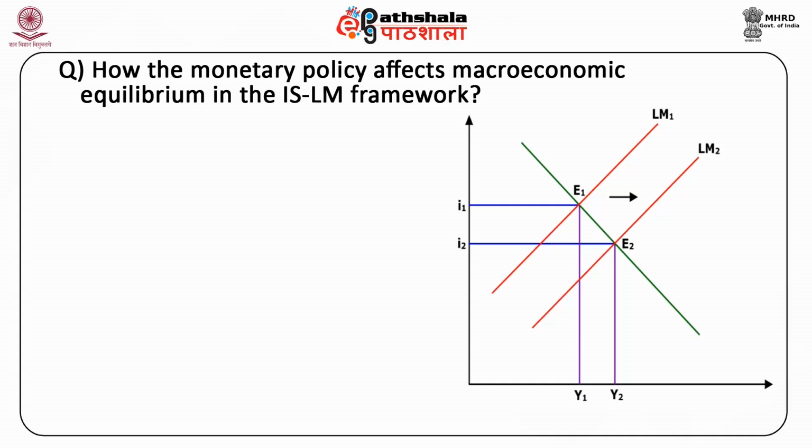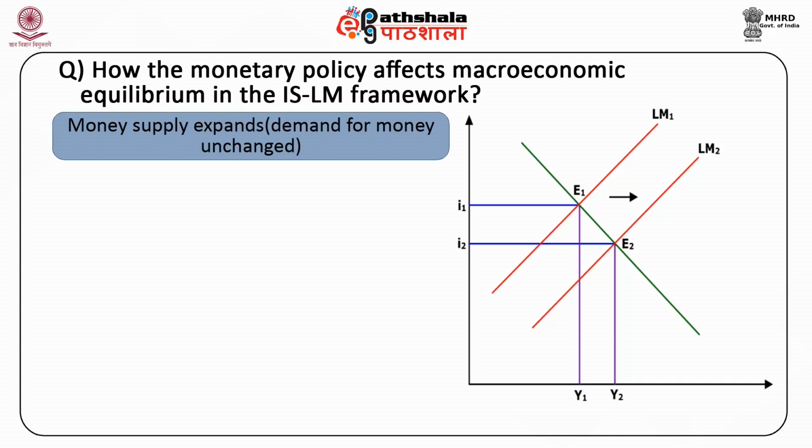In this case, the LM curve shifts rightwards from LM1 to LM2 and the equilibrium interest rate falls from I1 to I2 while income increases from Y1 to Y2. Let us understand how this happens.